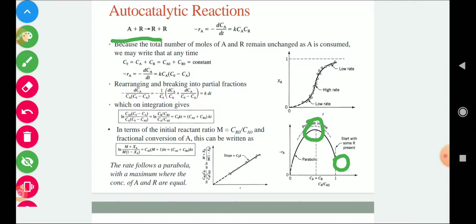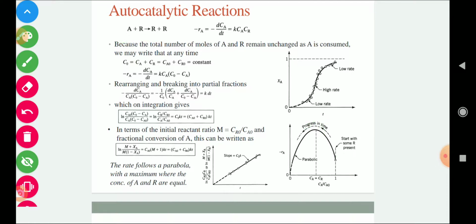If A and R are present in equal quantity, then all the A can attach with all the R. So in that case the maximum number of molecules are available to react with each other, and the rate of reaction should be maximum.